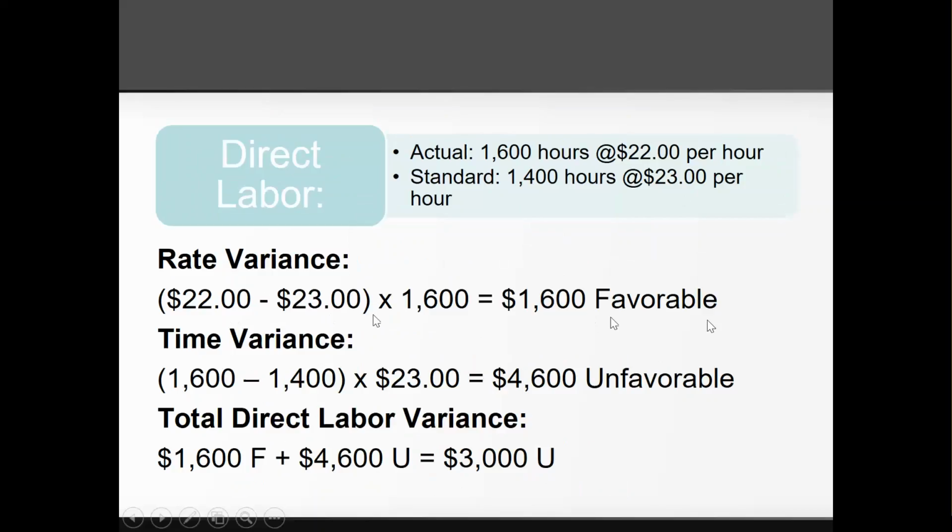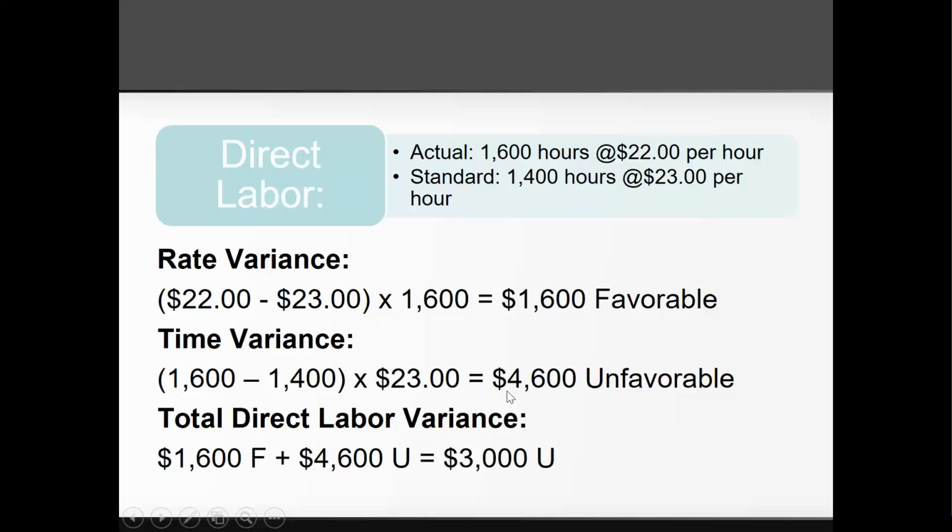So 1,600 minus 1,400 times 23 gives us $4,600 for our variance. Because our actual time was more than our standard time, this would be an unfavorable variance. To get your total direct labor variance, because you have one favorable and one unfavorable, you're going to subtract the smaller from the larger and take the sign of the larger. So 4,600 minus 1,600, and that is an unfavorable variance.